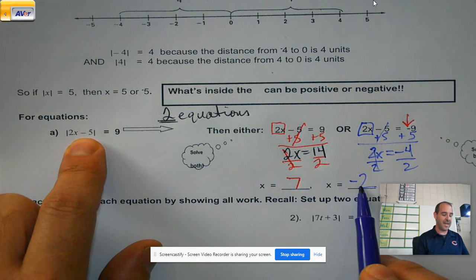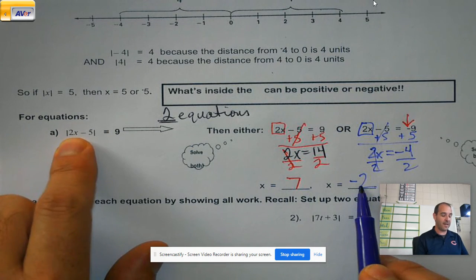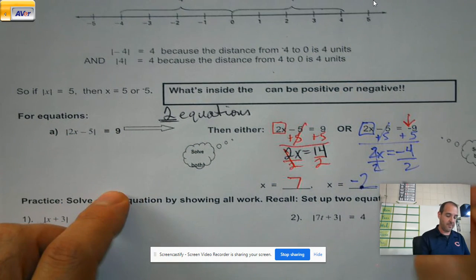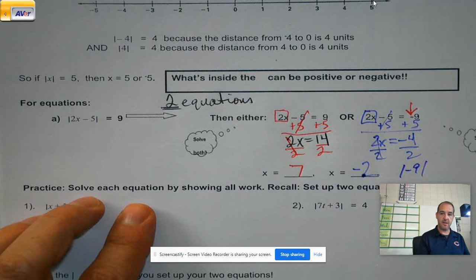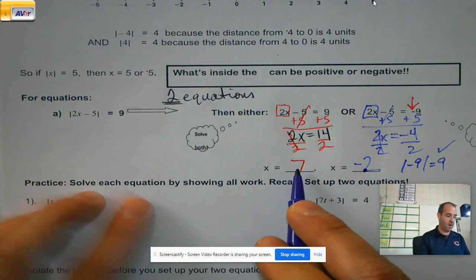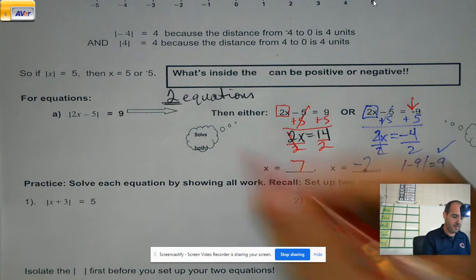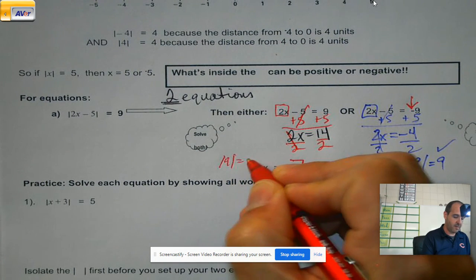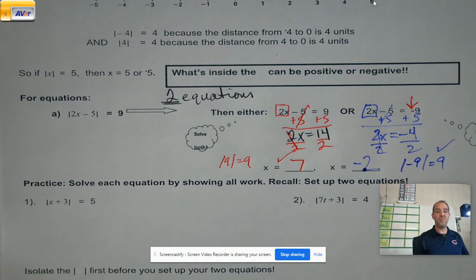Minus 5 is negative 9, but we just got done saying it can be negative inside, but when it comes out, the absolute value of negative 9 would be 9. That's a check. Over here, when I did it, the absolute value of 9 would be 9. Check. Do you have to check answers every time? No. But if you get one that's strange sometime, that's a way you can do it.